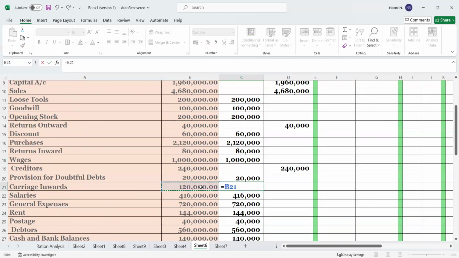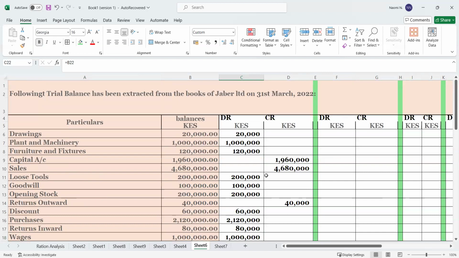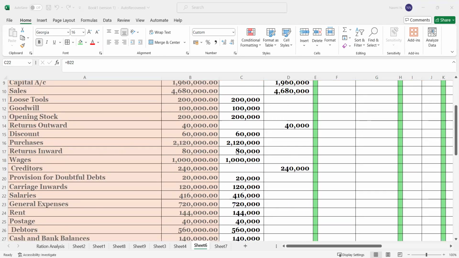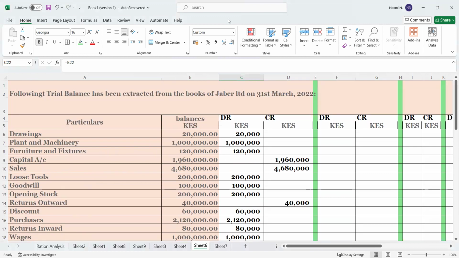Then this one is an expense. Okay, sorry for this, guys.